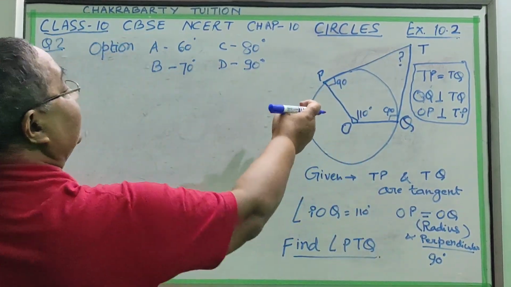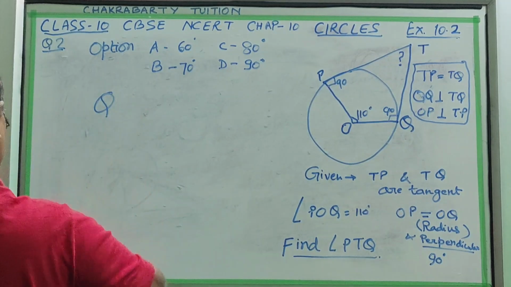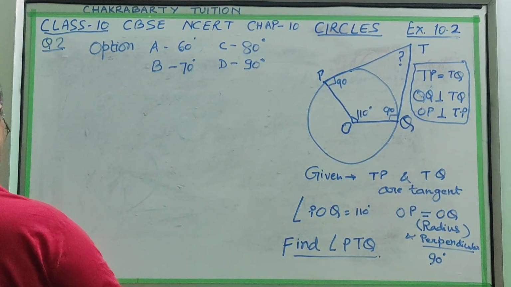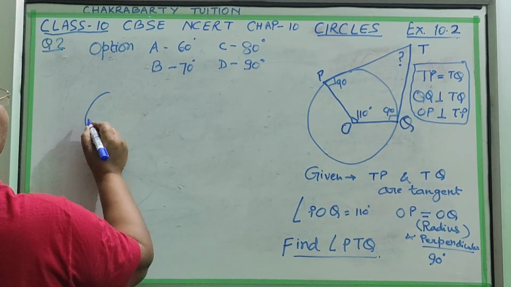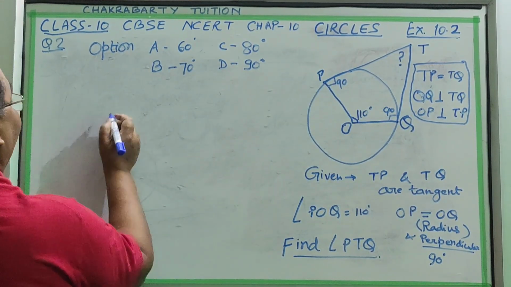So now it is very easy. It is a quadrilateral. Quadrilateral means four lines close, a closed polygon. It is known as the quadrilateral.